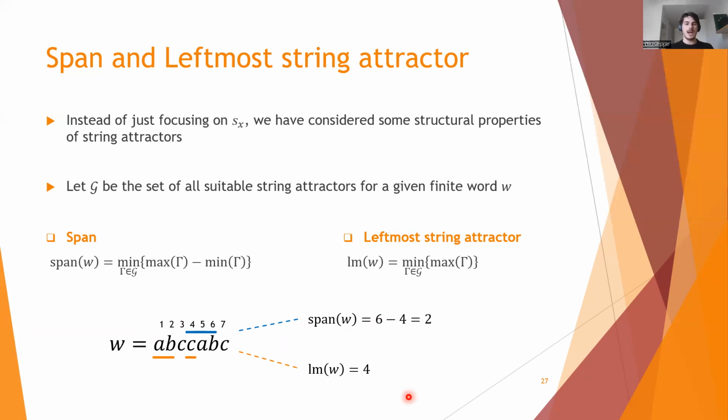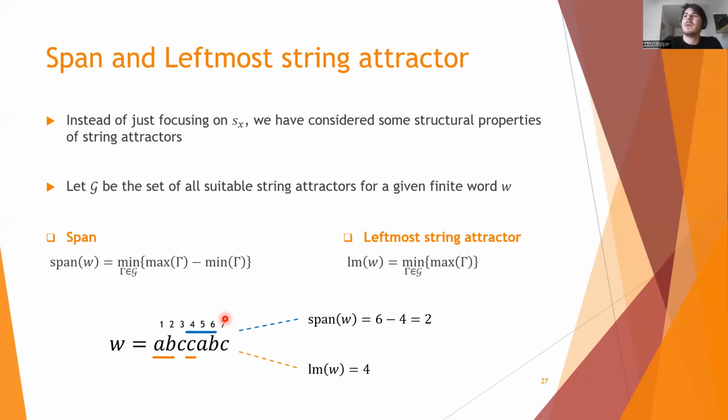We want to highlight that for these examples, and so we guess for many infinite others, we had to use 2 different string attractors to get these 2 measures on W. So in this case, we couldn't find an example that was suitable for both the span and the leftmost.